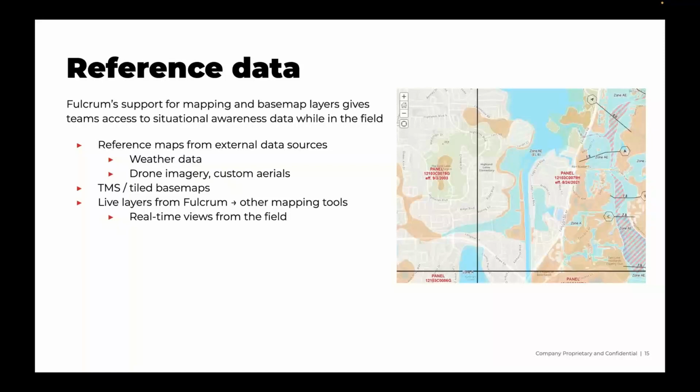And then going the other direction, we have functionality to allow you to share your data from Fulcrum out as a map layer using Esri feature services. I have an example showing it in ArcGIS Online, but it can be loaded anywhere that supports feature services, like ArcGIS Desktop, QGIS, applications like that.